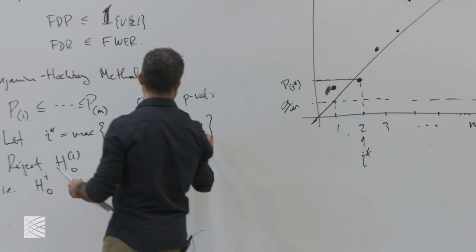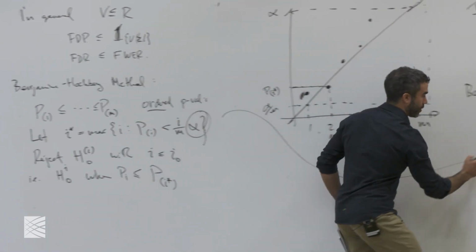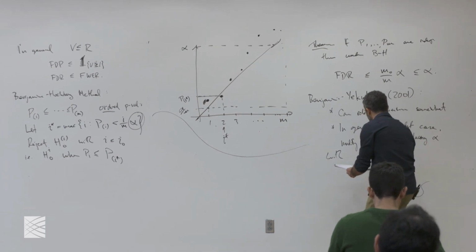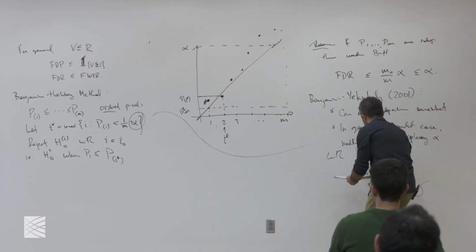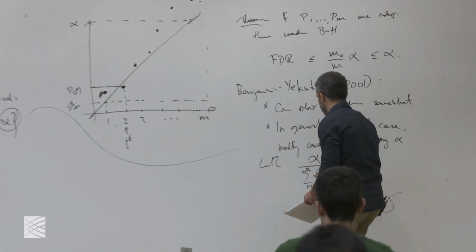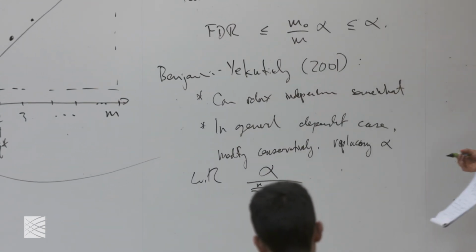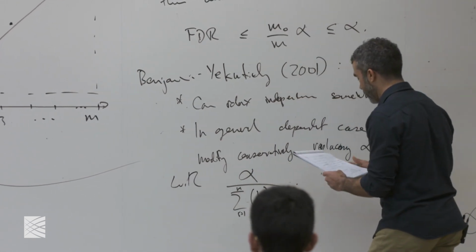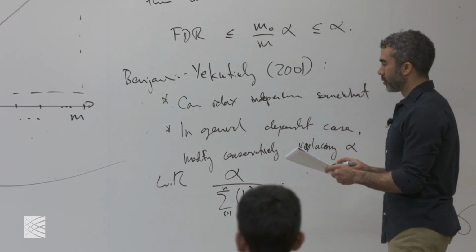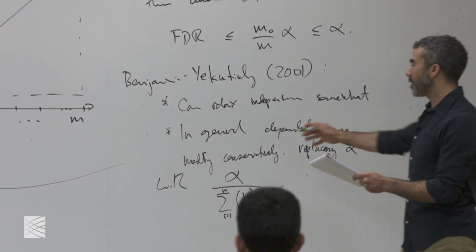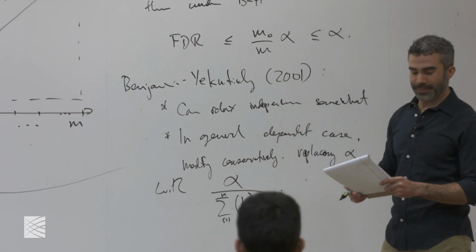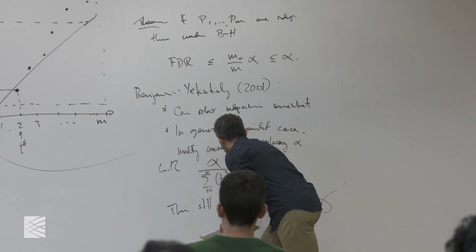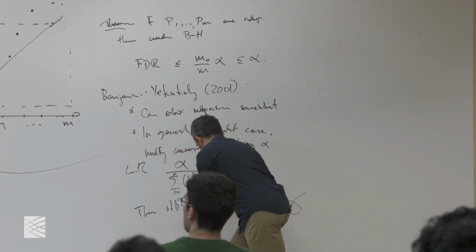So where here, this alpha, you replace it with alpha over this funny little harmonic sum, I equals 1 to m, the sum of 1 over I. Okay? They have this cute trick that allows them to prove that if you do this, it works in general. So then you still have the false discovery rate controlled by alpha.